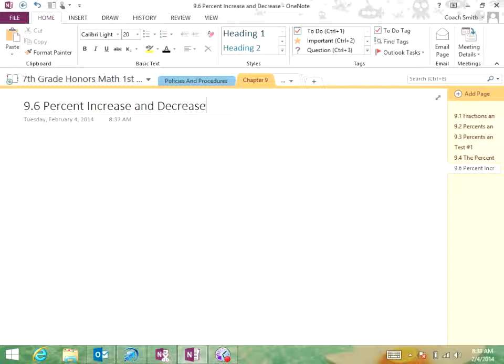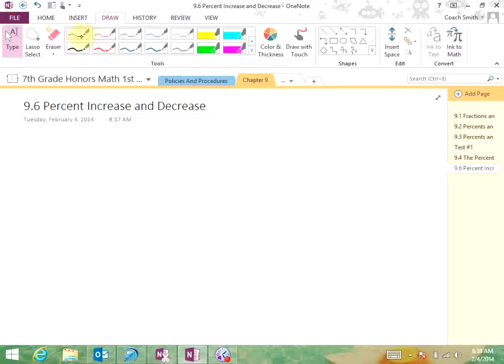All right, percent increase and decrease. Basically, what we're talking about today is this. If we take a problem, for example, if I said this, I take a price, and the original price is $30, and the new price is $51.